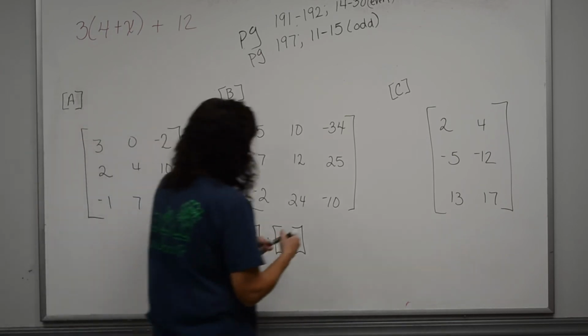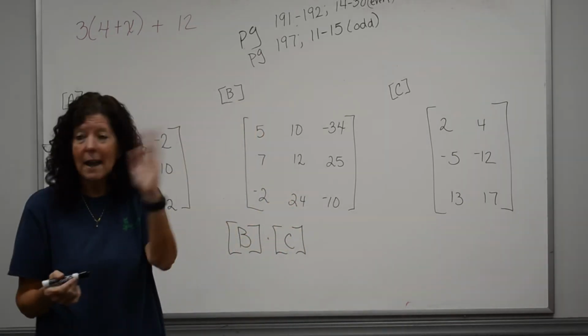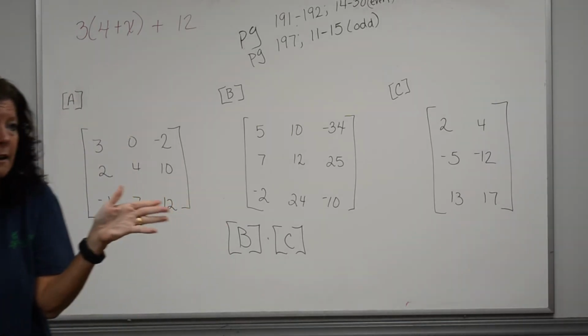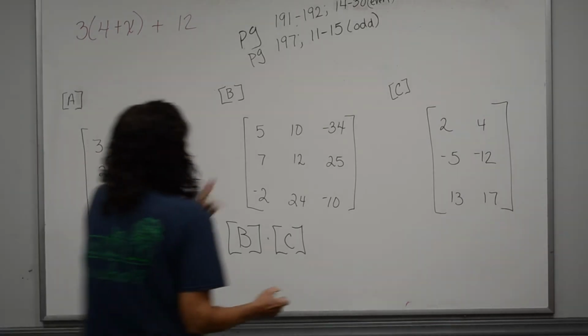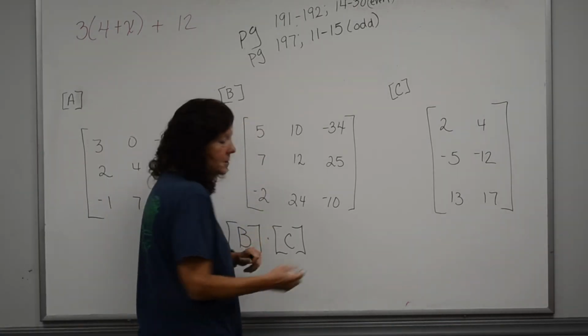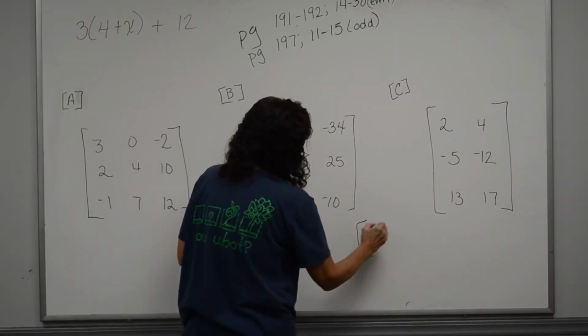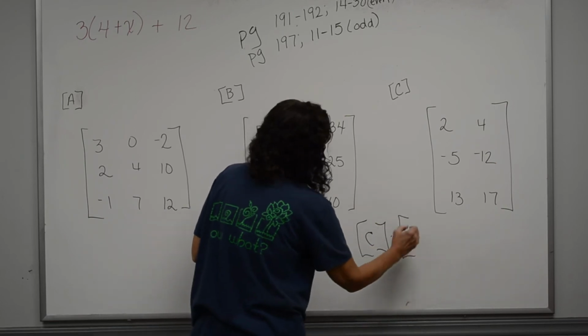Now, we normally think of 5 times 3 equals 3 times 5, right? That there's no order to multiplication. We can go back and forth. But on matrices, there is order to multiplication. So now try and do matrix C times matrix B.